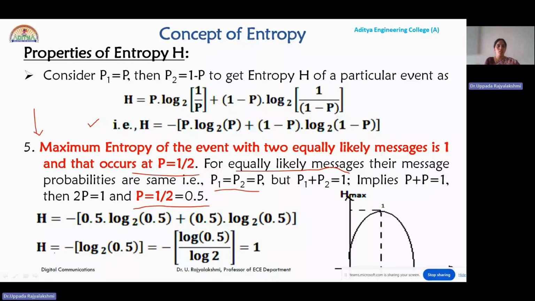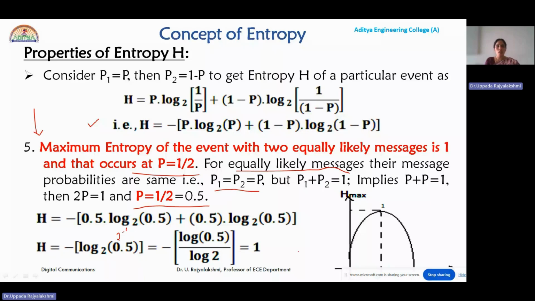So P1 is equal to P2 is equal to 1 by 2. Just substitute in the expression of entropy. Then you will get minus log 0.5 base 2. So 0.5 can be written as 1 by 2 or 2 power minus 1. For the logarithmic function, log x power y can be written as y log x. So take this minus 1 out here.